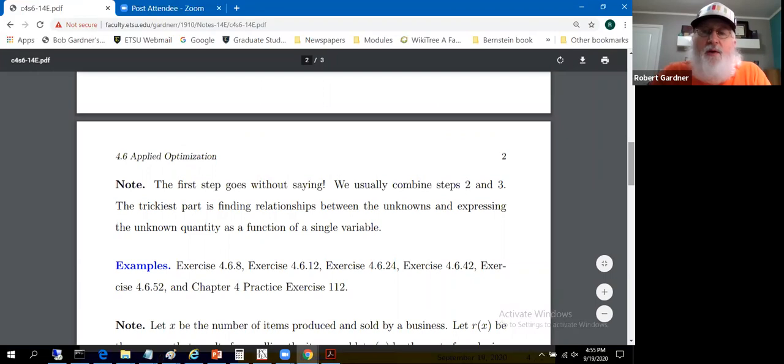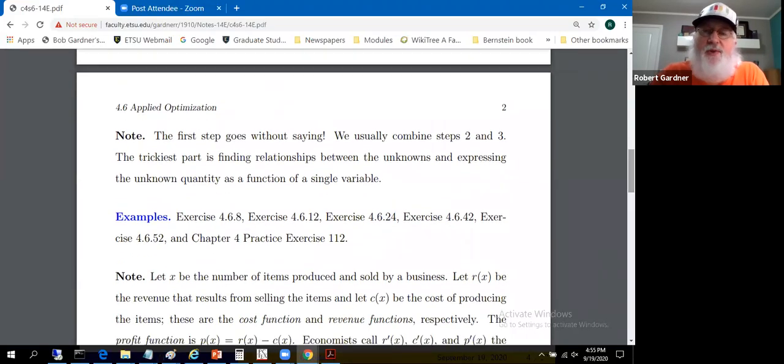All right, first step goes without saying. Of course, you read the problem. When we draw a picture, we'll probably introduce the variables at that stage. In my experience, students struggle the most with finding the relationships between the unknowns. This was maybe a similar problem when we did related rates. In related rates, you had to find relationships between variables.